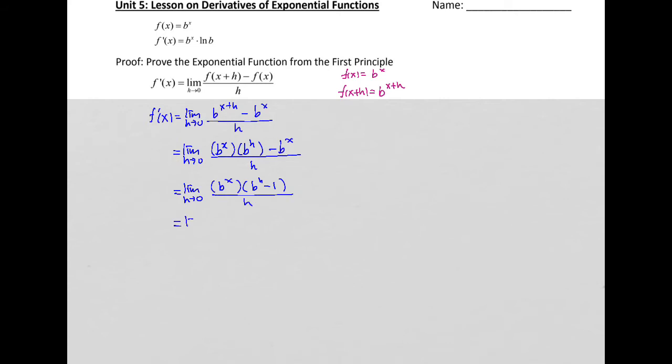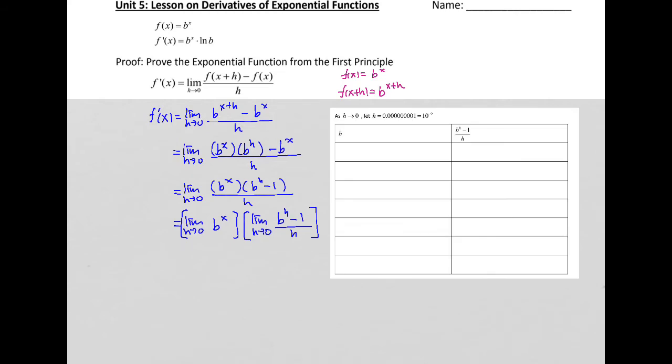Using the property of limits, now I can write them as two different limits. For the first square bracket, b to the exponent x when h is approaching 0, since there's no h, it just becomes b to the exponent x.